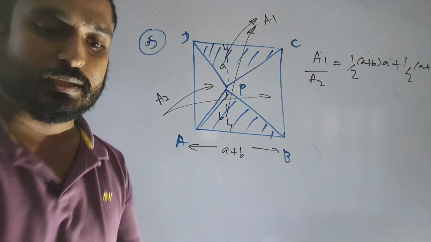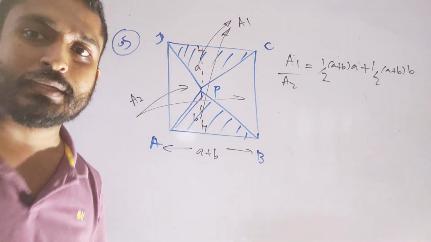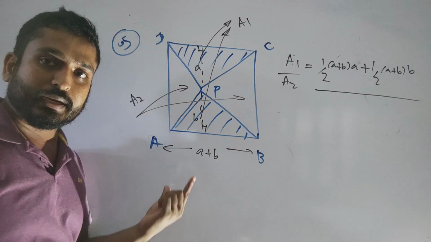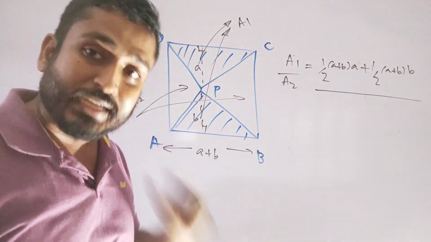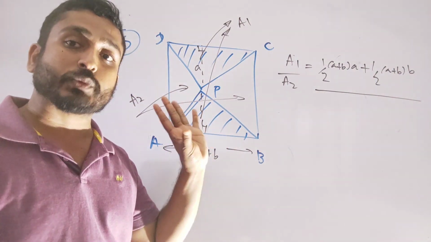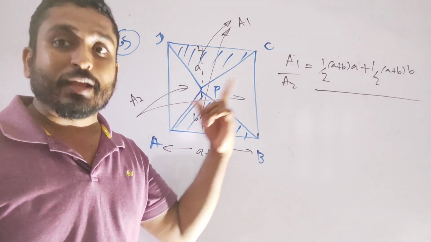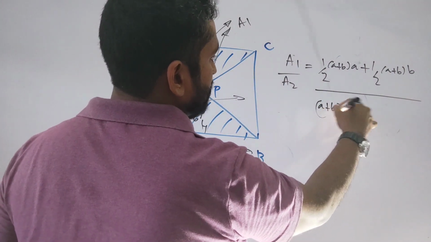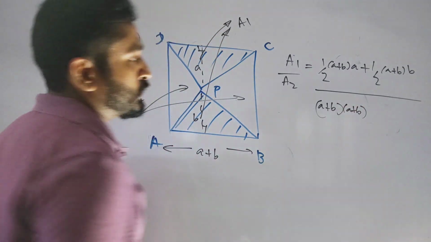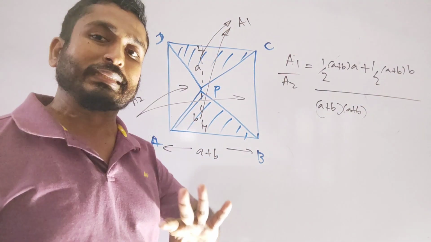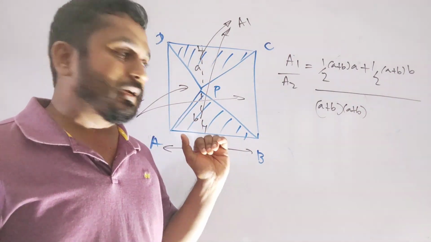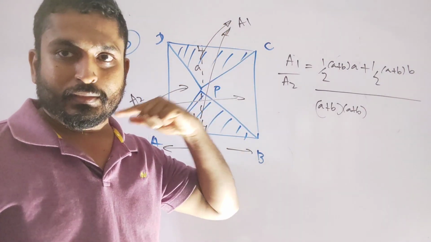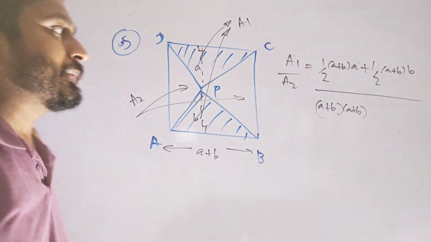That is the area of the shaded region over the area of the unshaded region. To have the area of the unshaded region, it is the area of the square minus the area of the shaded. So the area of the square is A plus B into A plus B, because you know, to have the area of a square, it is height into the width, or length into the width, right?